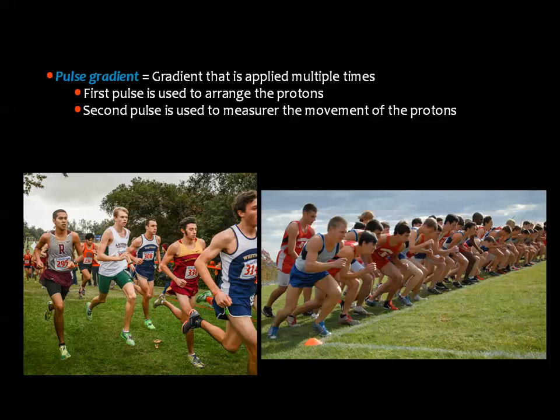Then at a certain time, you can say that this one is faster and this one is less, and so on. And this is exactly the value of the pulse gradient. The first pulse is used to arrange the protons, let us say, in a line. And the second pulse will measure the movement of the protons.